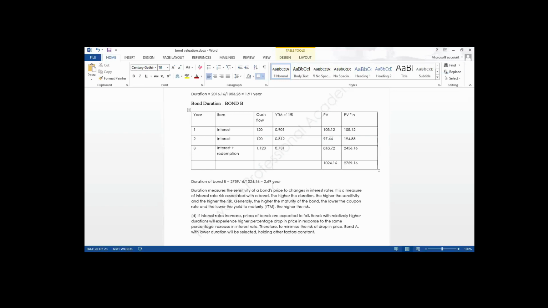Examiner say duration measures the sensitivity of bond price to changes in interest rates. It's a measure of the interest rate risk associated with the bond.